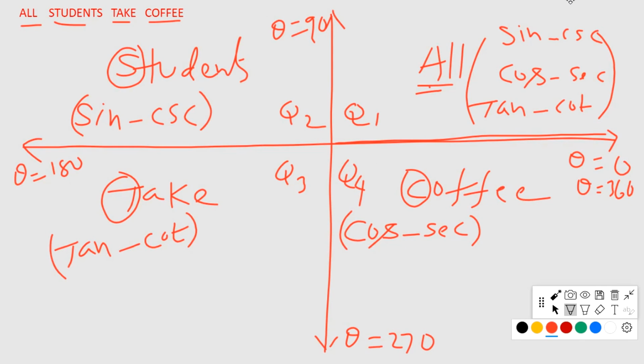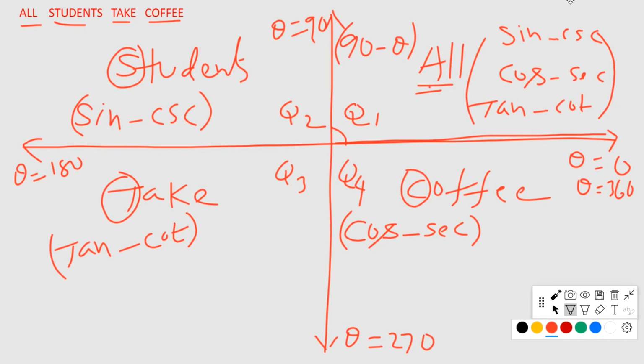Now in the first quadrant the angle is greater than 0 degrees and less than 90 degrees. Okay. In the first quadrant the angle is in between 0 and 90. This means less than 90 degrees. That means 90 minus theta. Okay. In the second quadrant, the angle between 90 and 180.